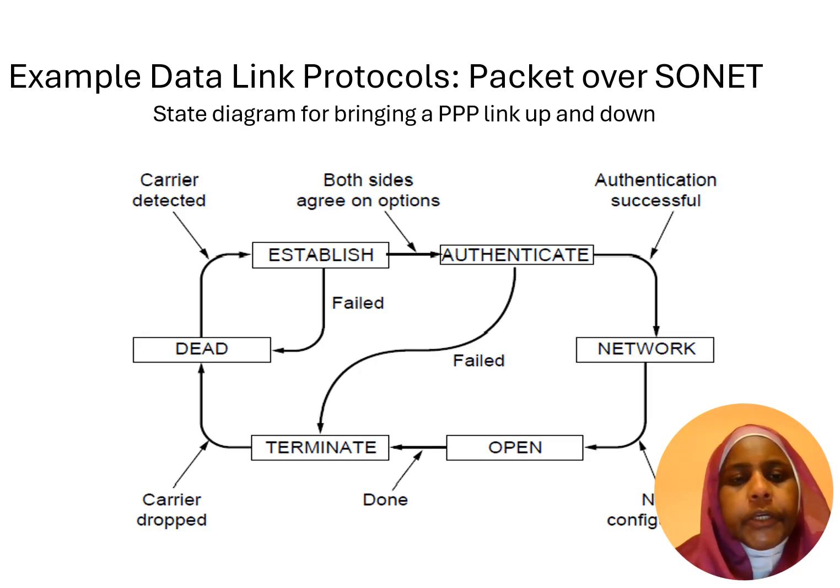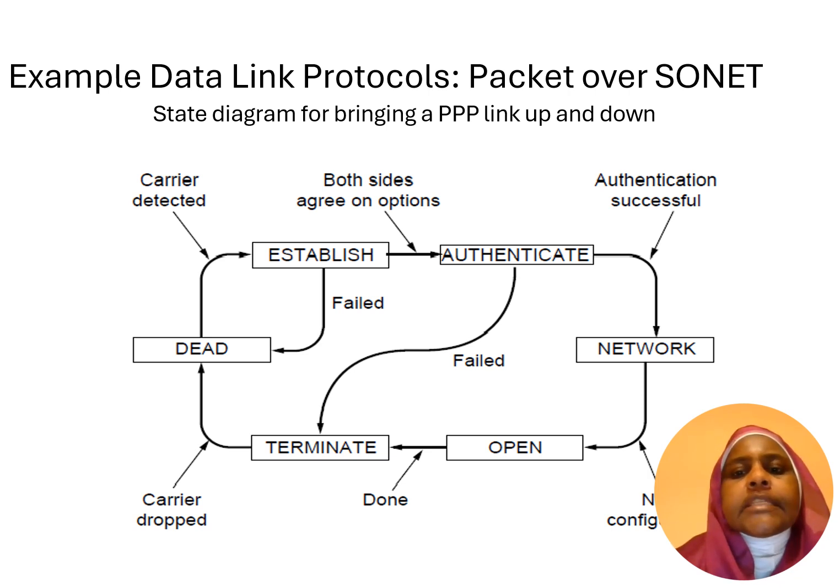As we see here, the connection starts with dead, then the carrier line is detected. Next, the physical connection is established, and the negotiation between the two point-to-point protocol peers starts, sending a series of link control protocol packets. If the negotiation failed, we will go back to dead. If the negotiation was successful and the options are agreed upon, then we will move to authenticate.